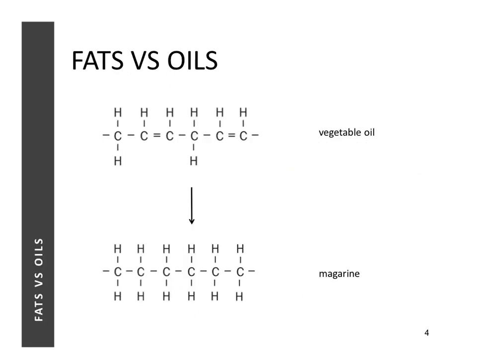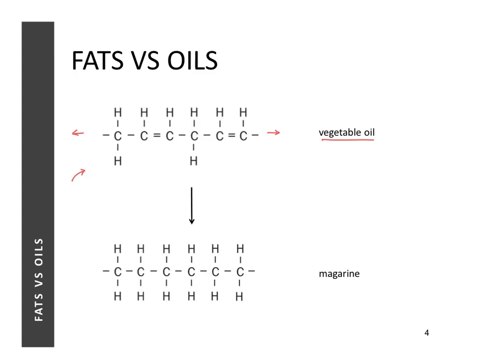Now the last thing that we need to learn in this chapter is to recognize something called fats versus oil. Vegetable oil has a structure that looks like this. What do you notice in the structure? Again, the structure only represents part of the entire structure, so it repeats itself to the right and to the left.